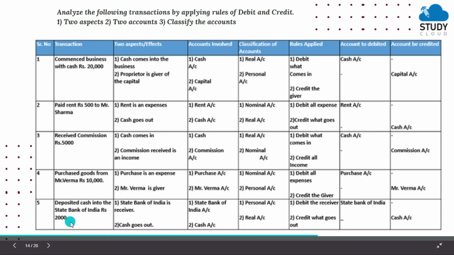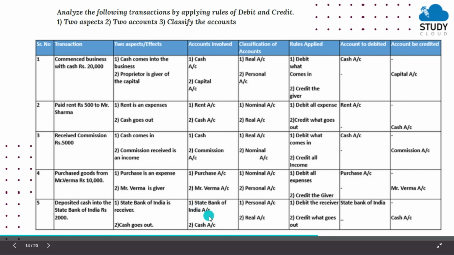So now you are depositing the money into the bank. So who received the money right now? Bank. Which bank? State Bank of India. So here State Bank of India is a receiver. Now you are giving your money to the bank. So we'll write here as cash goes out from the business. Two accounts involved here. One is State Bank of India account and another is cash account. State Bank of India is an artificial person account.